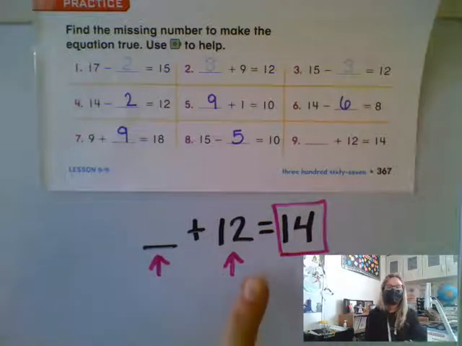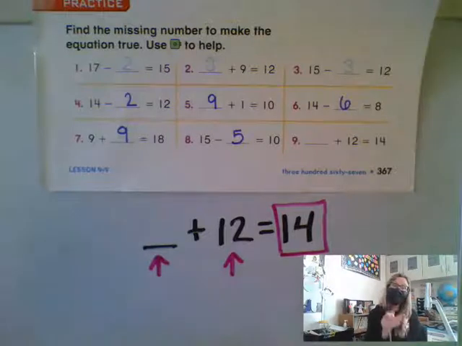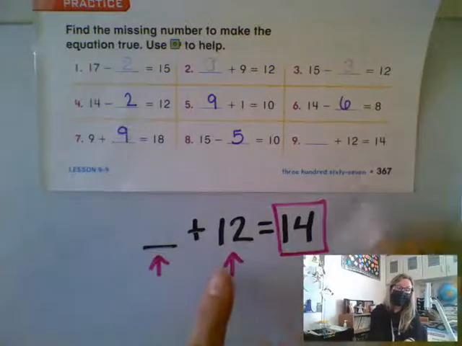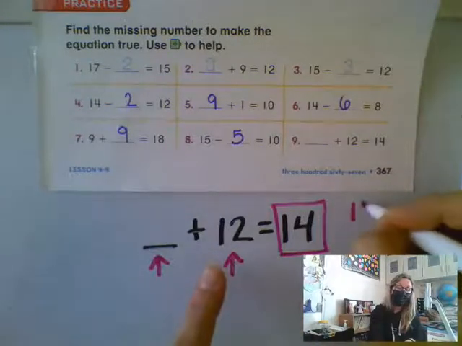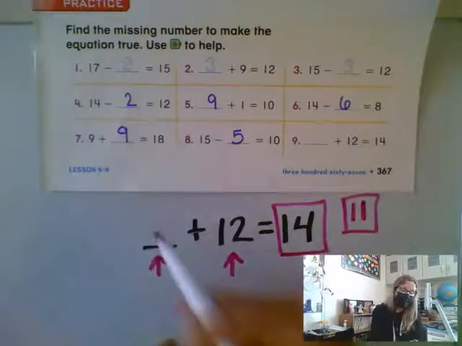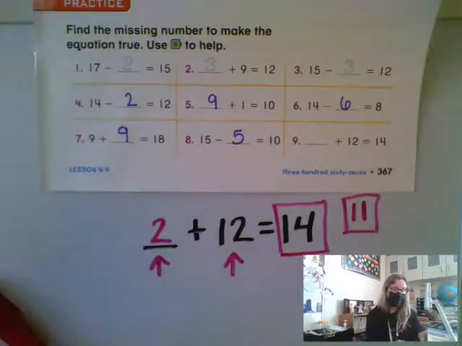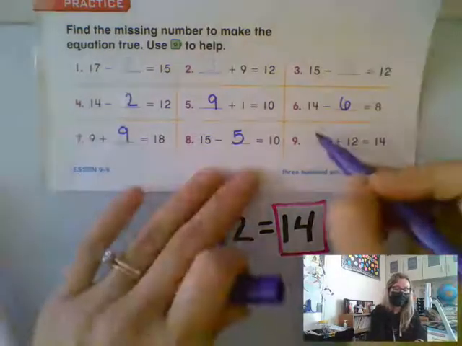So if I'm trying to get to 14, and I already have 12, let's start at 12 and count up to 14 and see how many we need. So we have 12, 13, 14. Camila, how many did we count? 2. So our missing number is 2. 2 plus 12 equals 14.